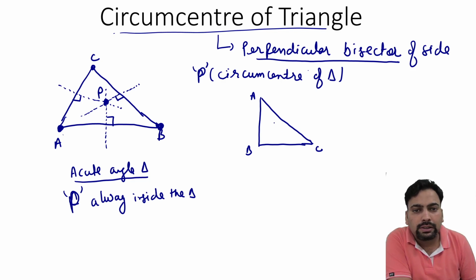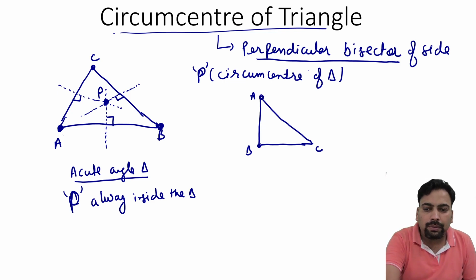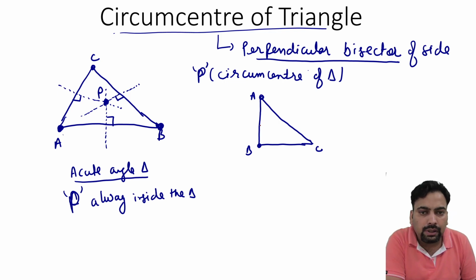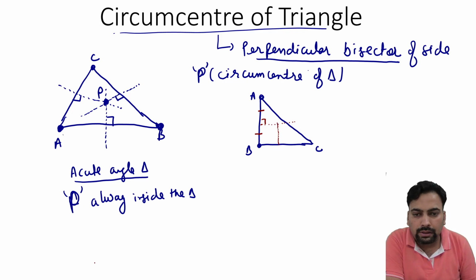How is it? Let's suppose you draw a perpendicular bisector from the points A and B, draw like this. If you draw a perpendicular bisector from BC, you draw like this.